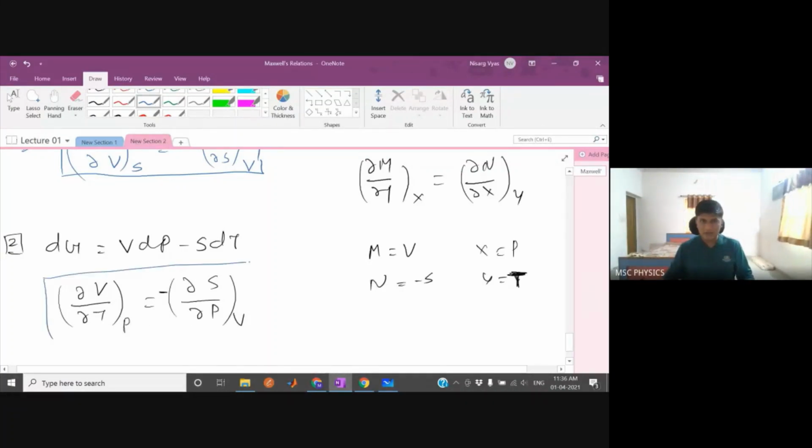Any doubt till this point, or should I write them faster? I hope students from a non-mathematics background are following this, because this is easy mathematics. Kindly ask if you have any doubt.